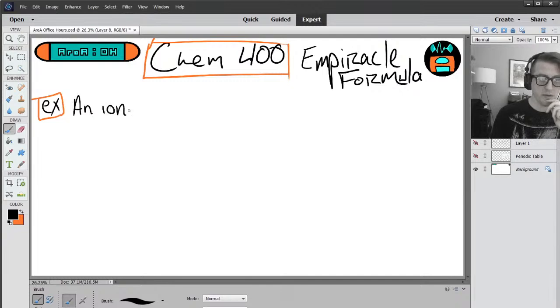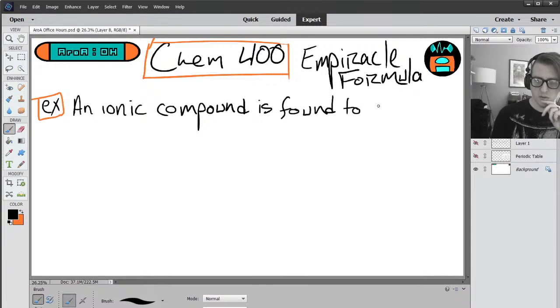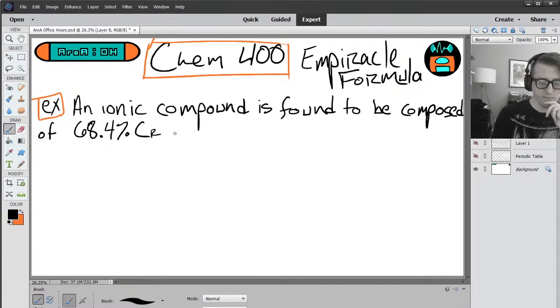An ionic compound is found to be composed of 68.4% chromium and 31.6% oxygen.